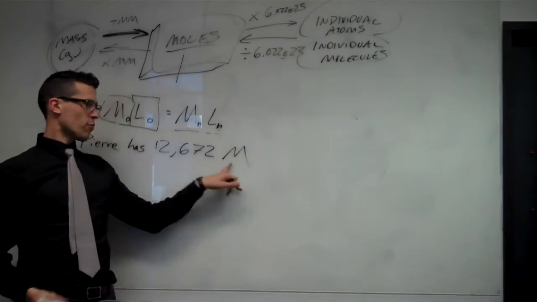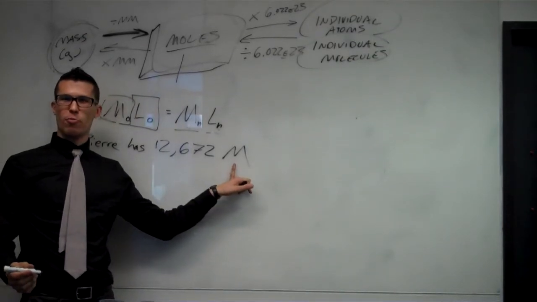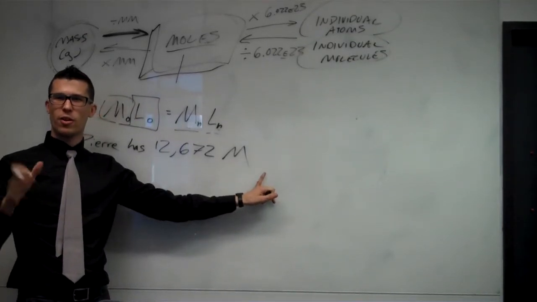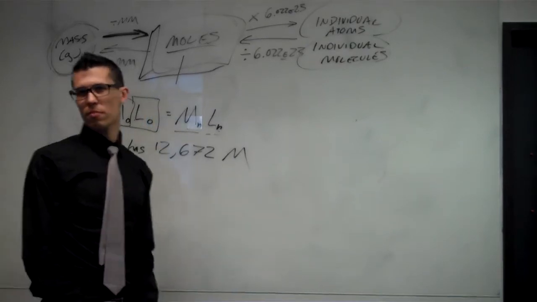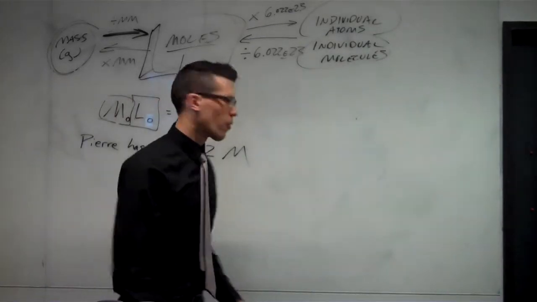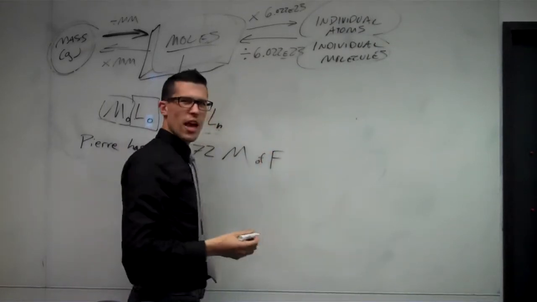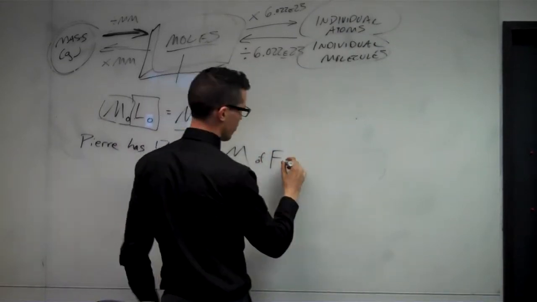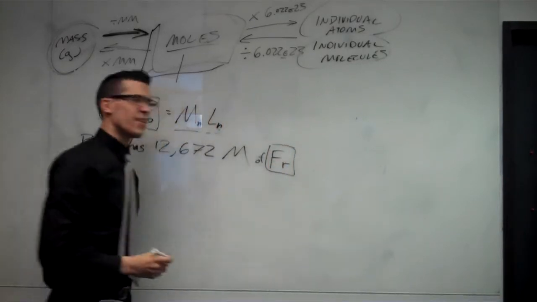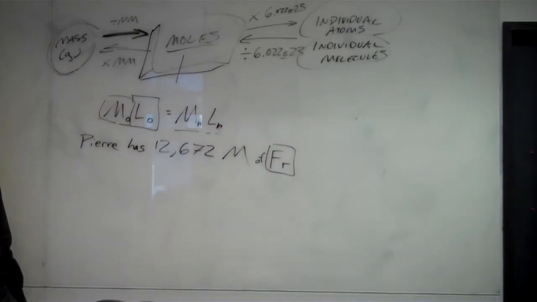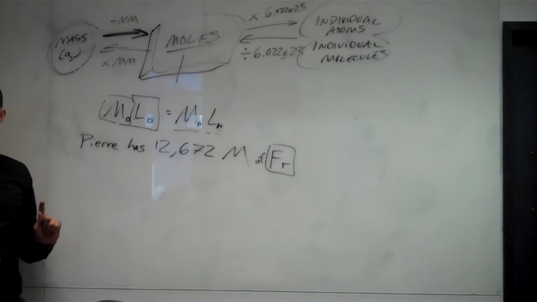And what kind of a solution is that? What chemical do you have in there? Francium. Okay, is it F or Fr? Fr, of course. I'm sorry. Of francium. Okay, we got Fr right there.